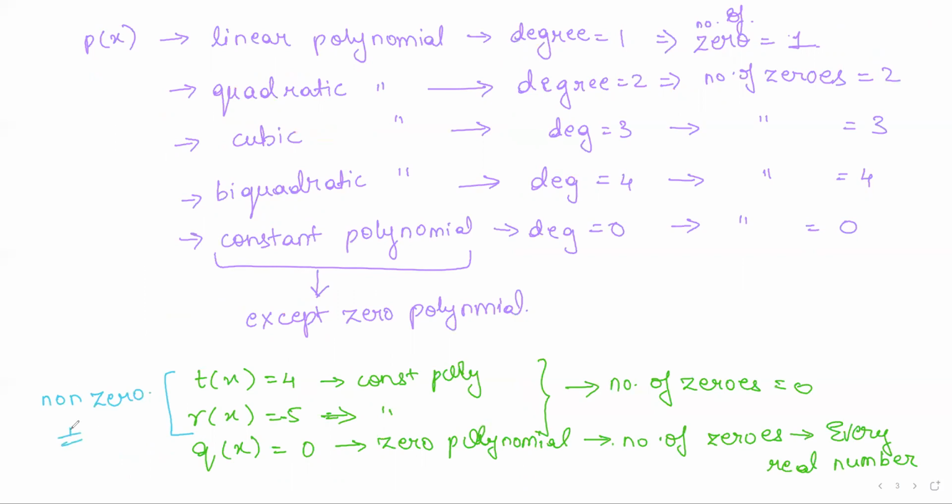Non-zero means not equal to 0. And this is a zero constant polynomial or a zero polynomial. So non-zero constant polynomials will have number of zeros as 0, and here you have every real number as its zeros. So this concludes this chapter.